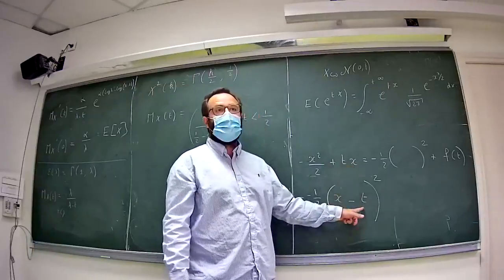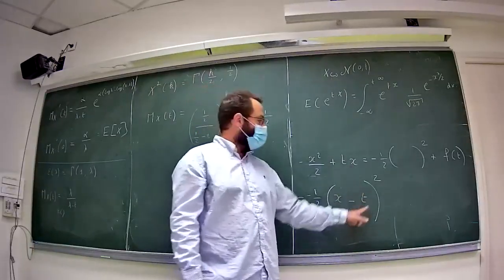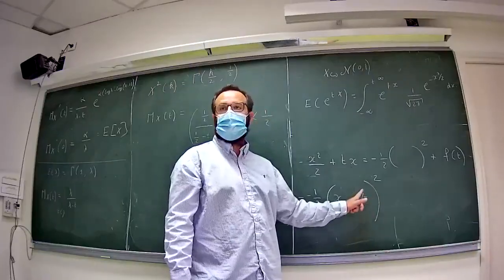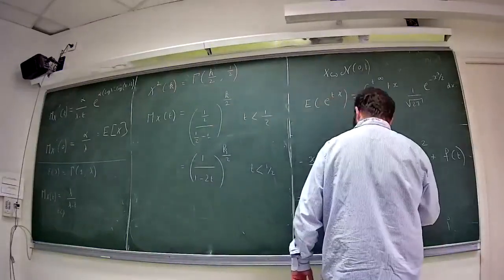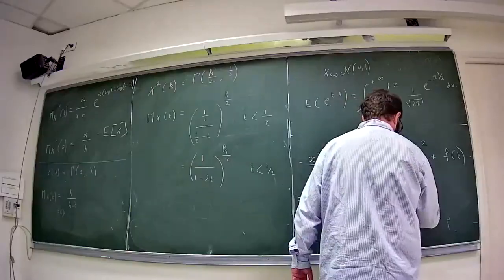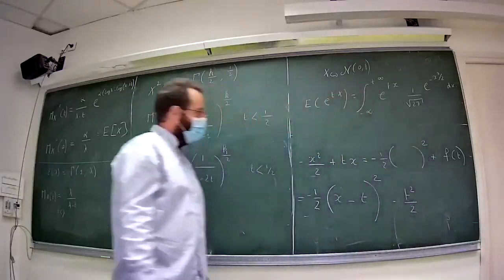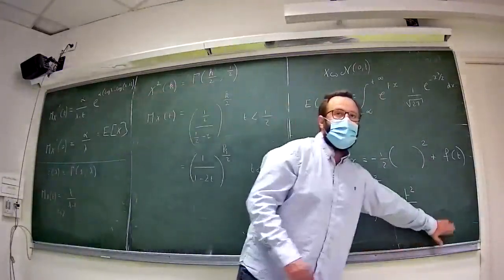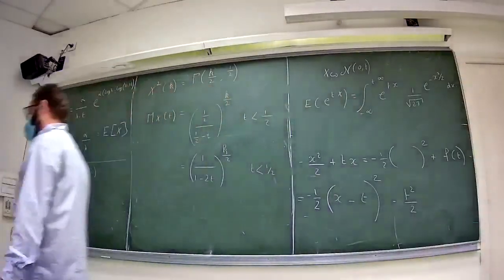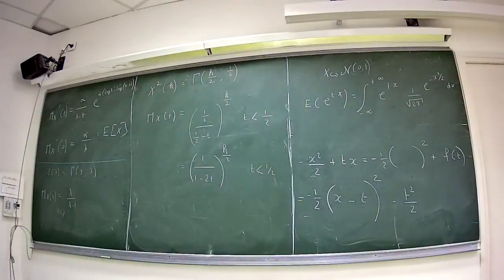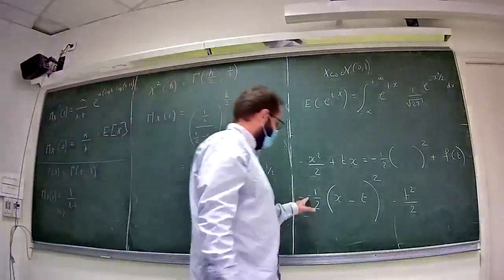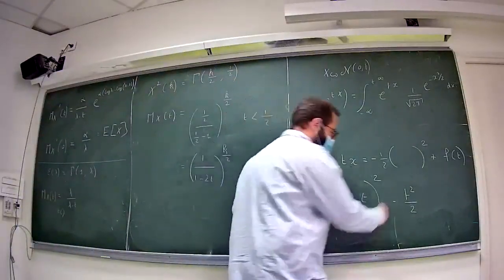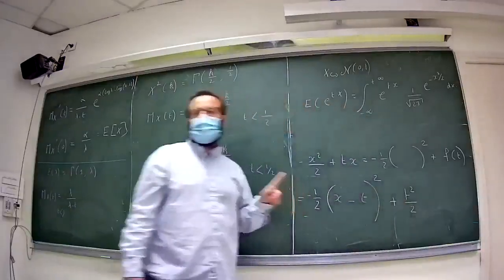But if I do this, I have an extra term coming from the square of this part, so I have to take minus t squared over 2. So I make appear a perfect square in x plus an extra term independent of x. And now it is very easy to compute my integral. It should be plus t squared over 2, because I have a minus minus, so I have a plus. You're right.